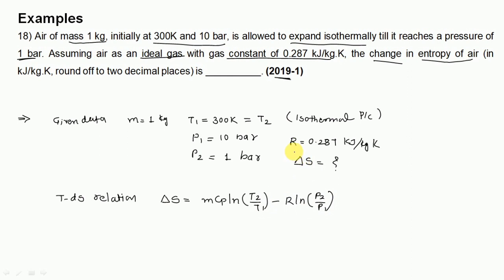But here the process is isothermal, so T1 is equal to T2, so this term becomes 0 because T1 equals T2. Isothermal process.